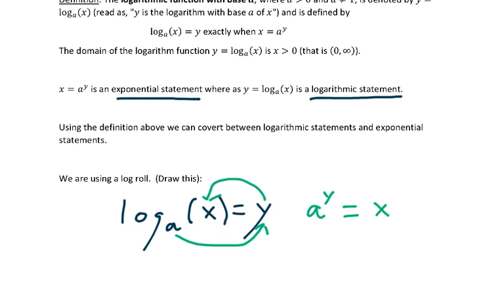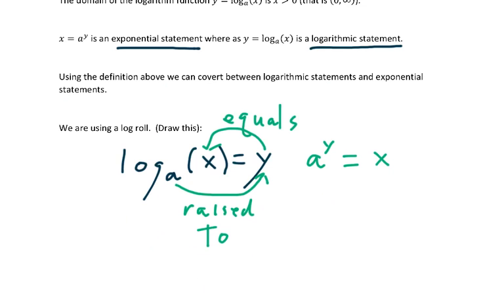So it's almost like down here, you have raised to, and you have equals up here. You don't really need the raised to and the equals words, but it does help you remember how you evaluate the logarithm. This is what a log roll is. Okay? That's just what it is by definition.